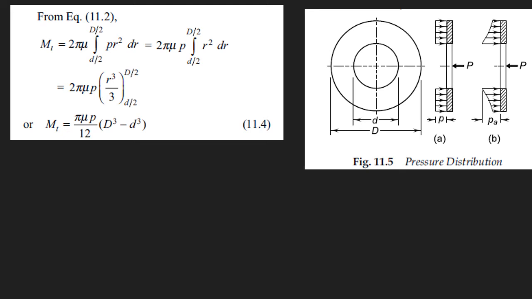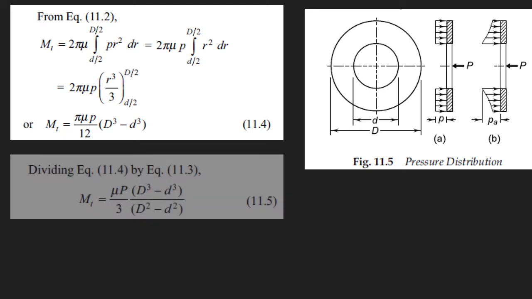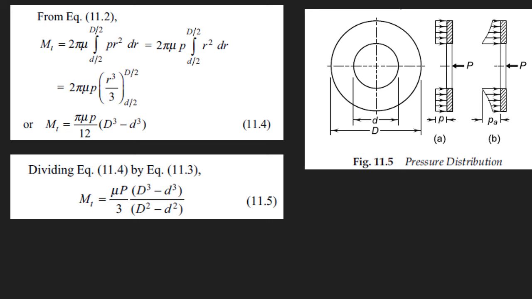Now this is the formula for torque, and if you divide equation 11.4 by 11.3, that is torque by axial force, and take force to the right hand side, you will get the final formula for the torque carrying capacity as mu p by 3 into D cube minus d cube divided by 3 times D square minus d square.